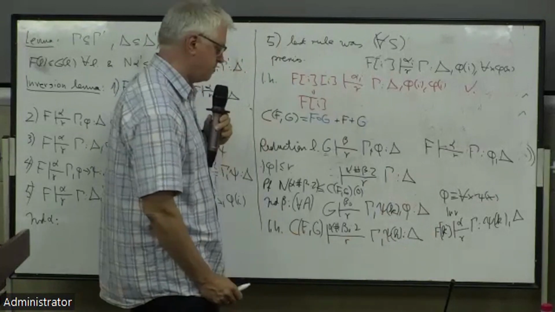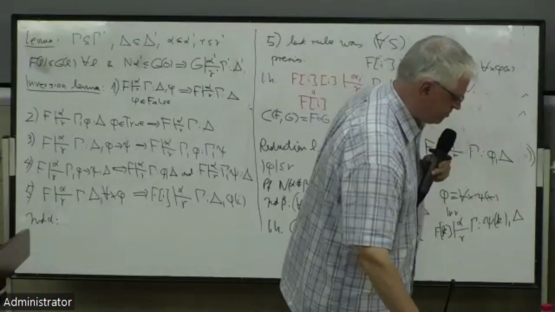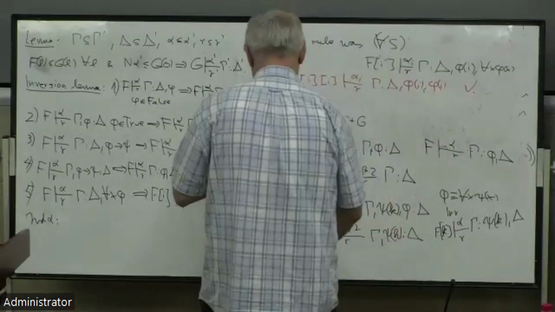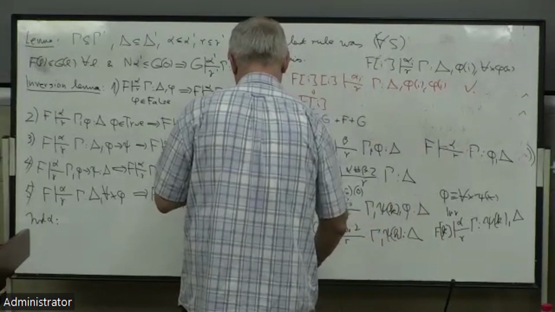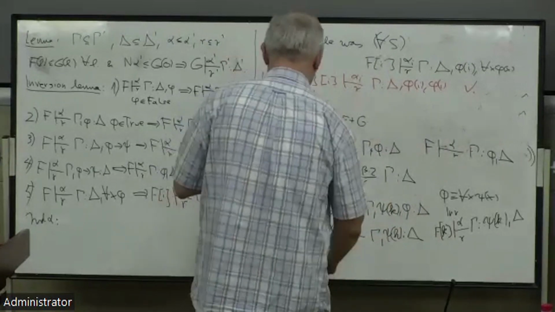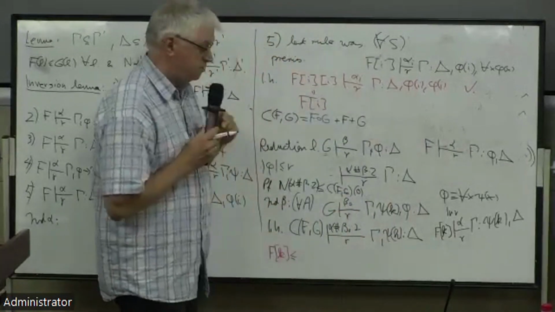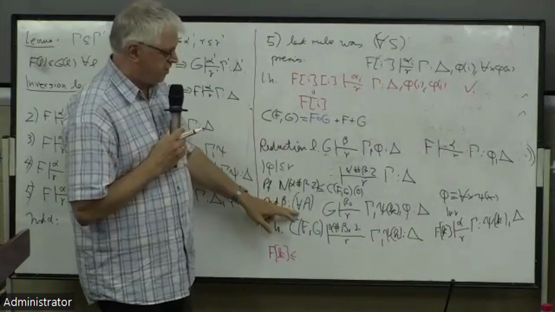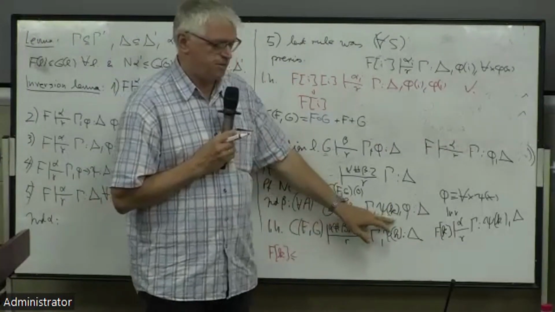How is this possible? Well, the proof works like this. You have f of k is bounded by, and now it comes. It's important. We have the universal introduction in the antecedent of this witness k.